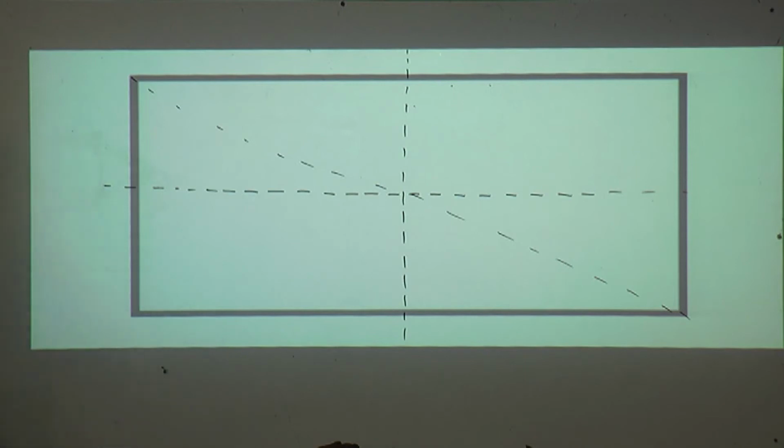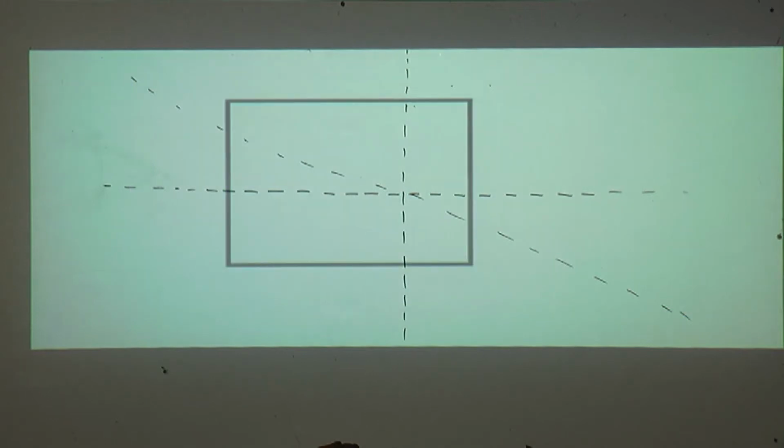So that's why this figure has only a horizontal axis and a vertical axis of symmetry. So students, now tell me, can a figure have more than two axes of symmetry? Here we got two axes of symmetry, but can any figure have more than two? So the answer is yes.